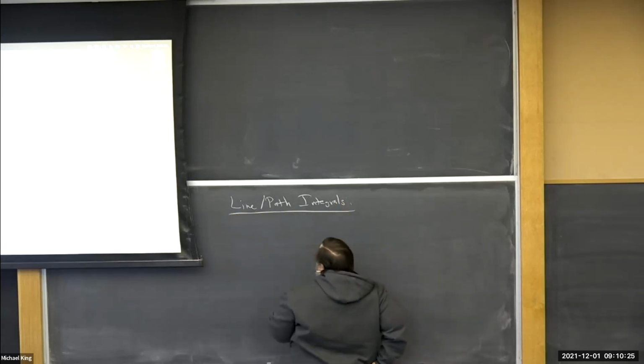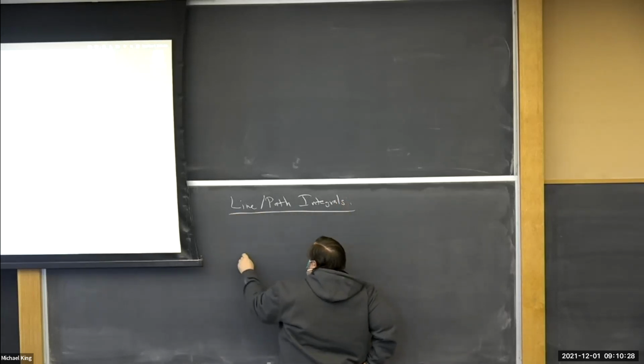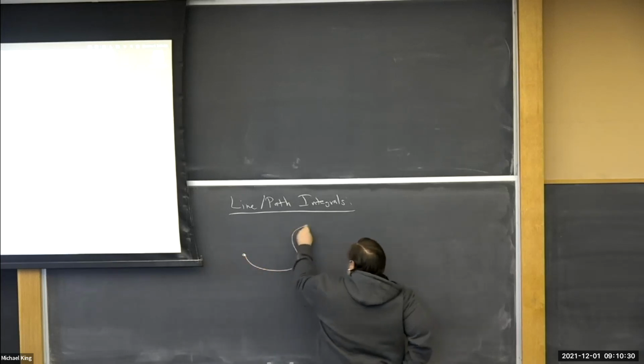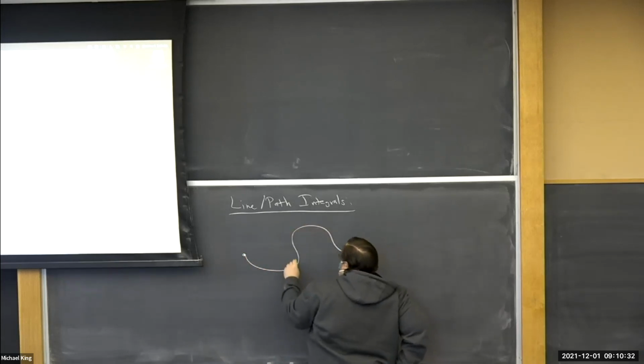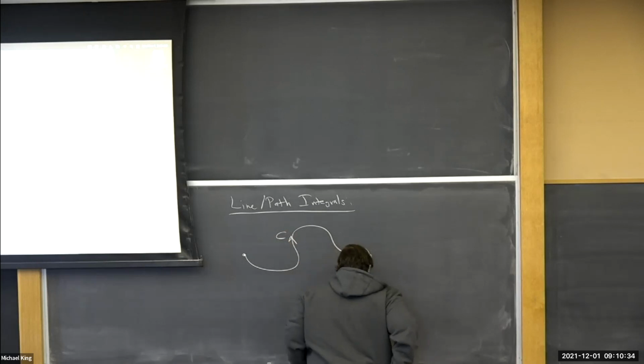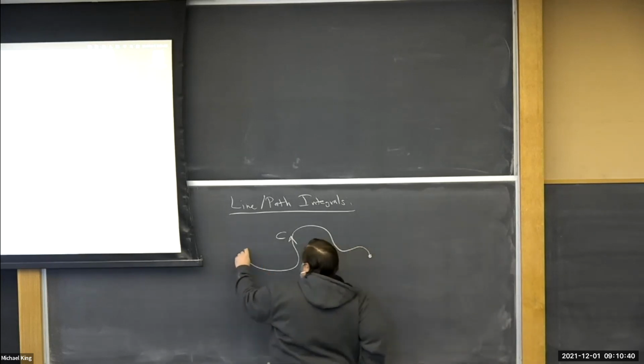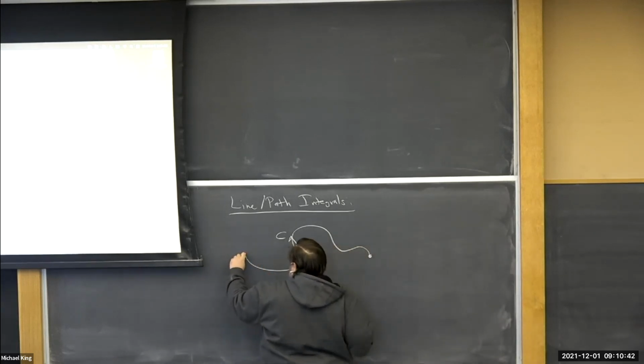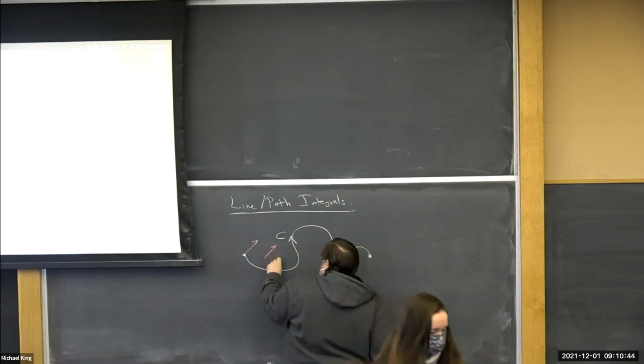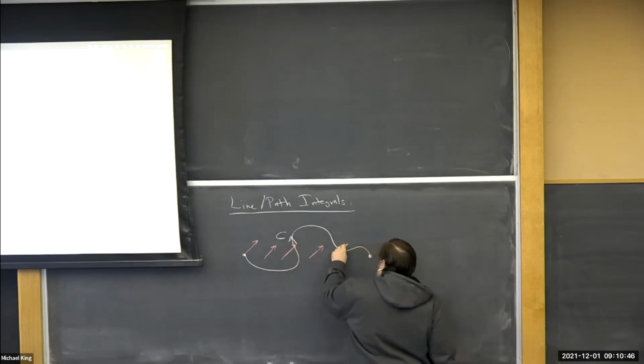Line integrals are sometimes called path integrals. And we talked about this idea that, okay, here's your path. It's oriented in a certain direction. And what I want to think about is that it's living in a vector field. So let me just draw some sort of constant vector field.